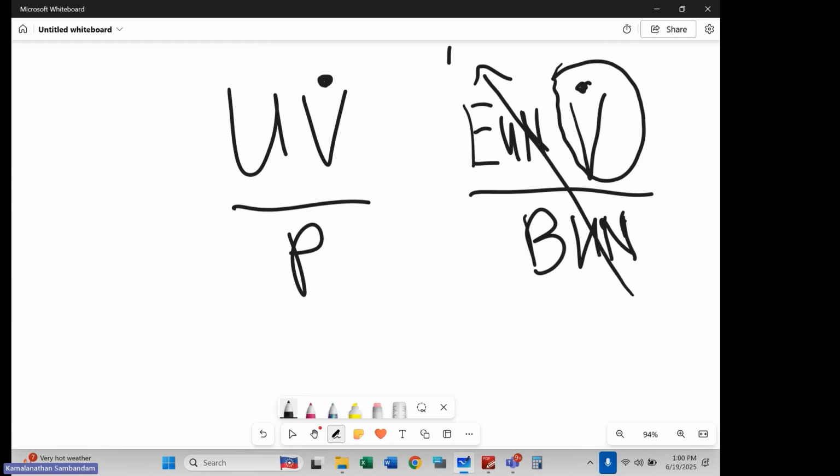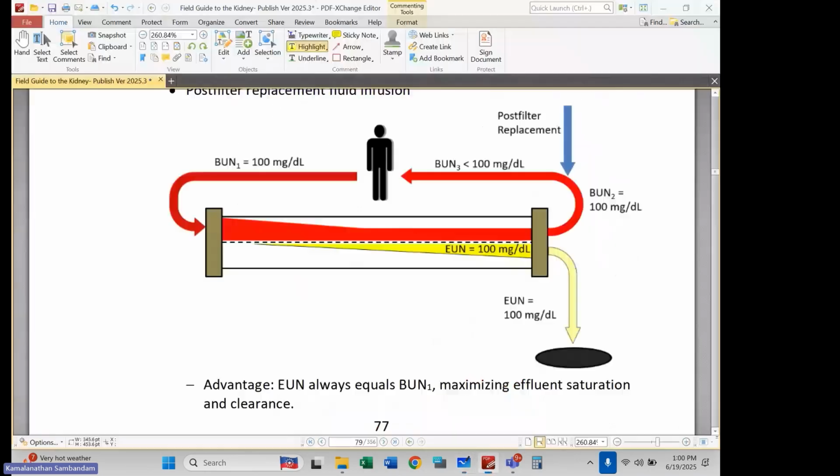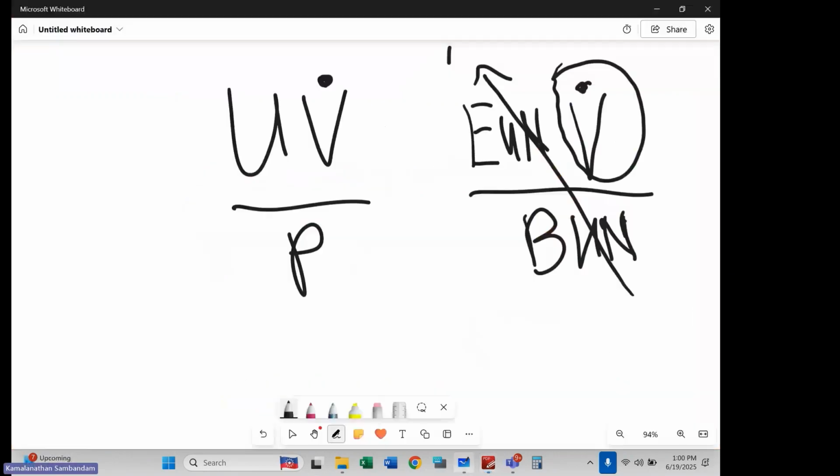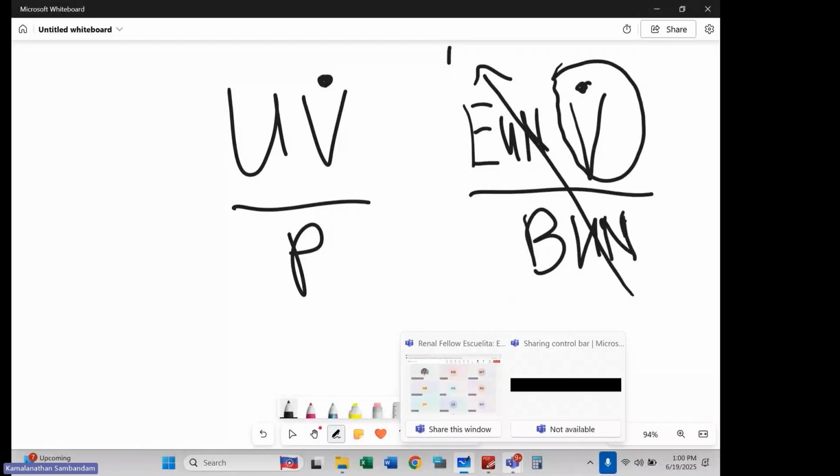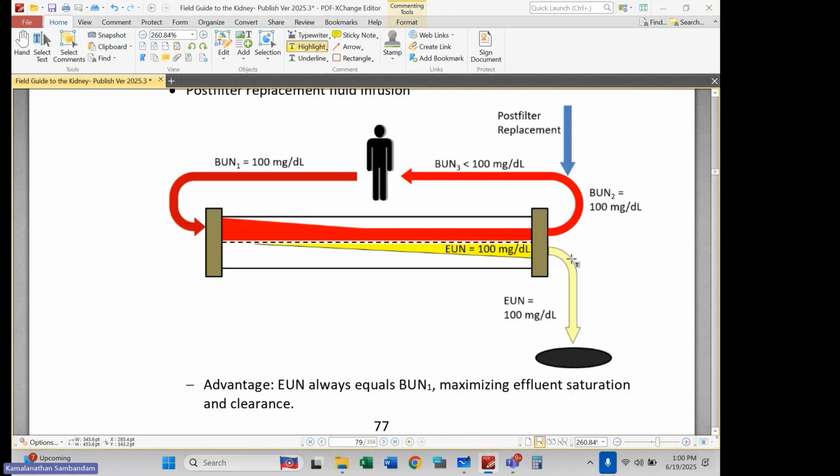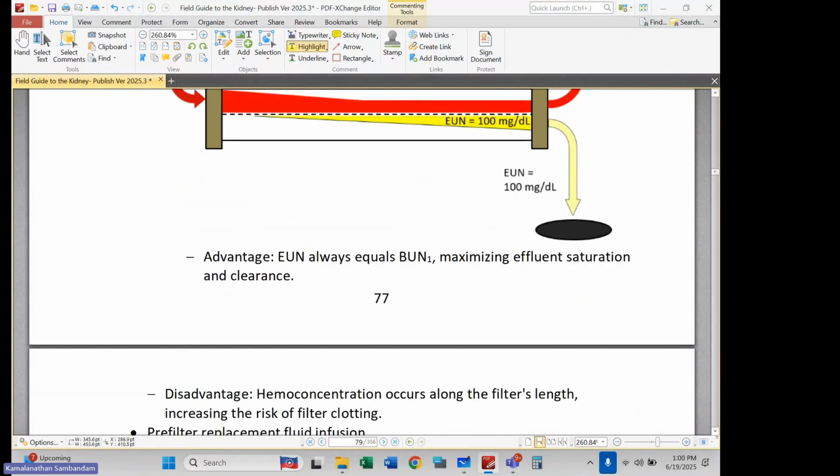Okay, you can see that always, when I'm in post-filter replacement, EUN and BUN are always equal. And so, again, in this calculation of urea clearance, this goes to 1. My urea clearance is simply how fast is my replacement fluid flowing down the drain as effluent, okay? So again, that is how I would calculate a urea clearance. EUN always equals BUN, okay?